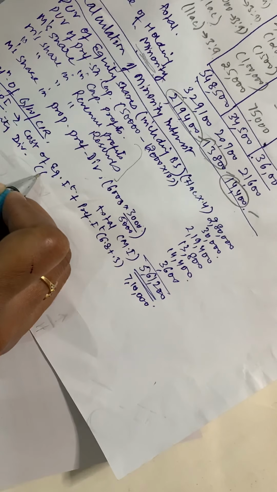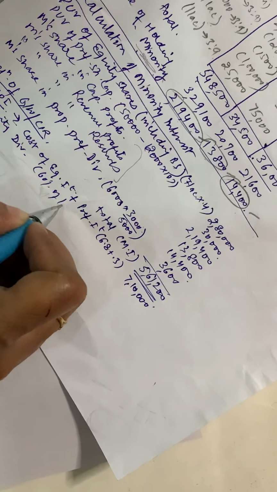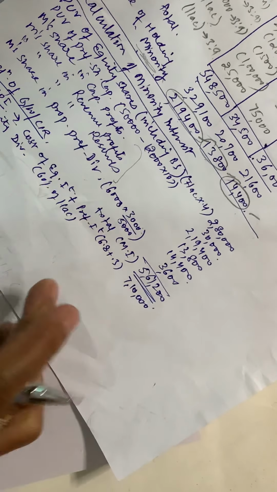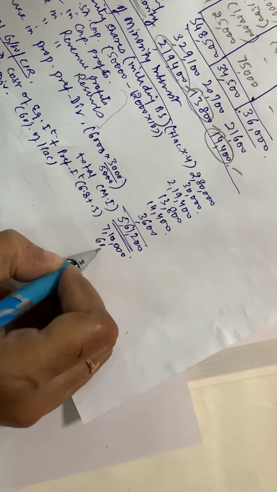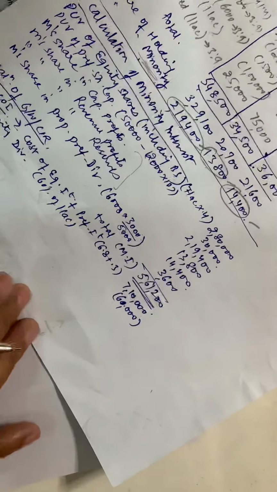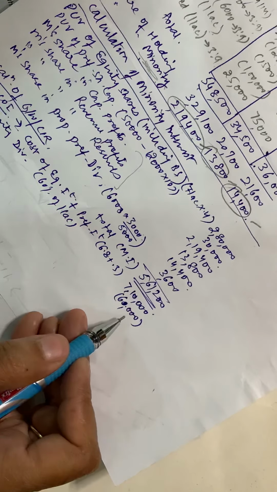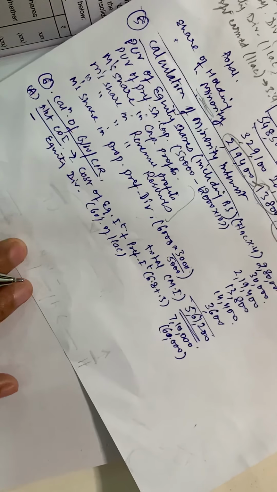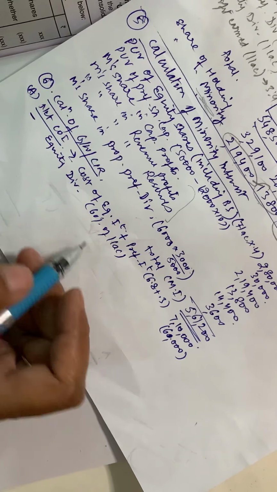So you will take 60% of 1 lakh, 60,000. This is not an addition to the cost, but rather a return of what you paid, or investment, return on investment.